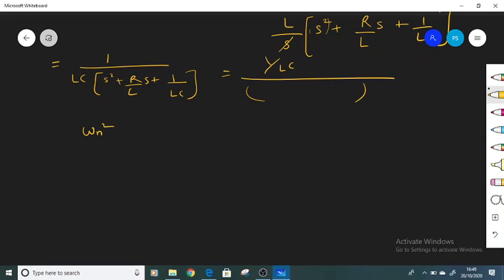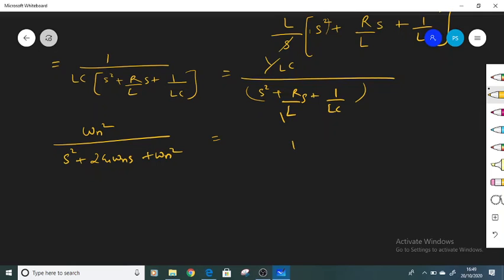It was omega n square divided by s square plus 2 zeta omega n s plus omega n square. This was my standard second order system. Here what I am getting is 1 divided by LC divided by s square plus R by L into s plus 1 by LC.